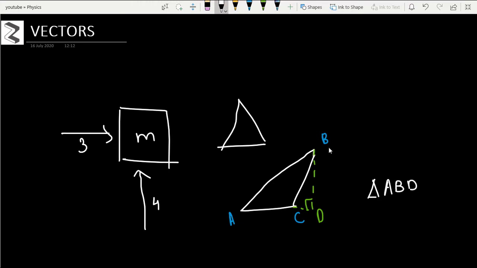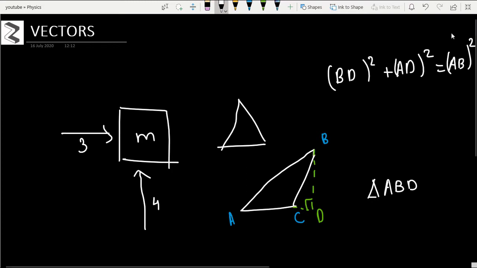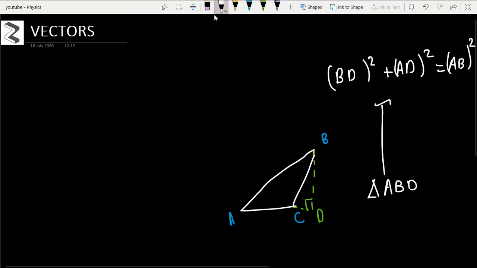So in this triangle ABD, if we apply the Pythagoras theorem, then we'll get BD square plus AD square is equal to AB square. We got this as a formula. And another formula can be in triangle BDC.